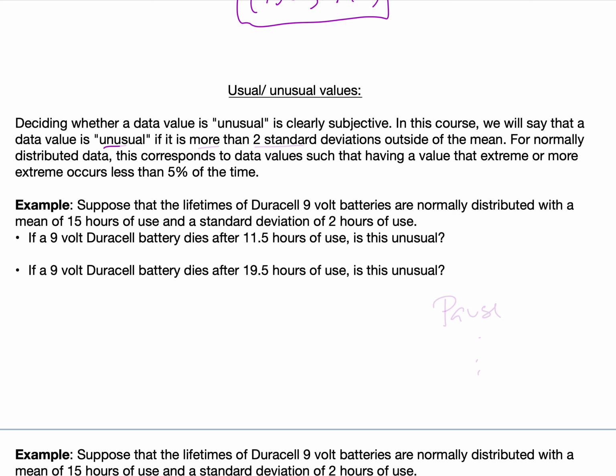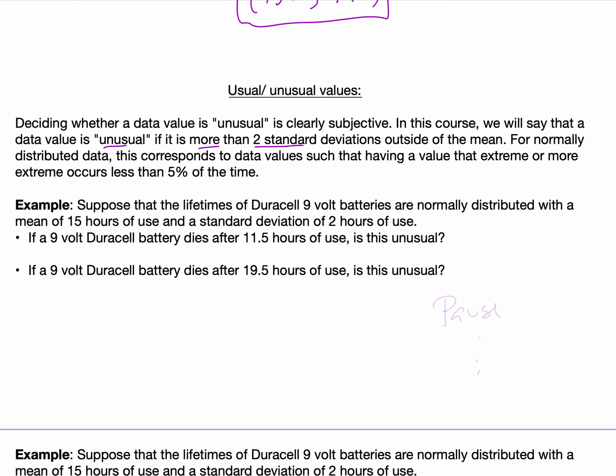In this course, we are going to say that a data value is unusual if it is more than 2 standard deviations outside of the mean. For normally distributed data, this corresponds to data values such that having a value that extreme or more extreme occurs less than 5% of the time. So that is how we're going to define unusual in this course, being outside of 2 standard deviations of the mean.